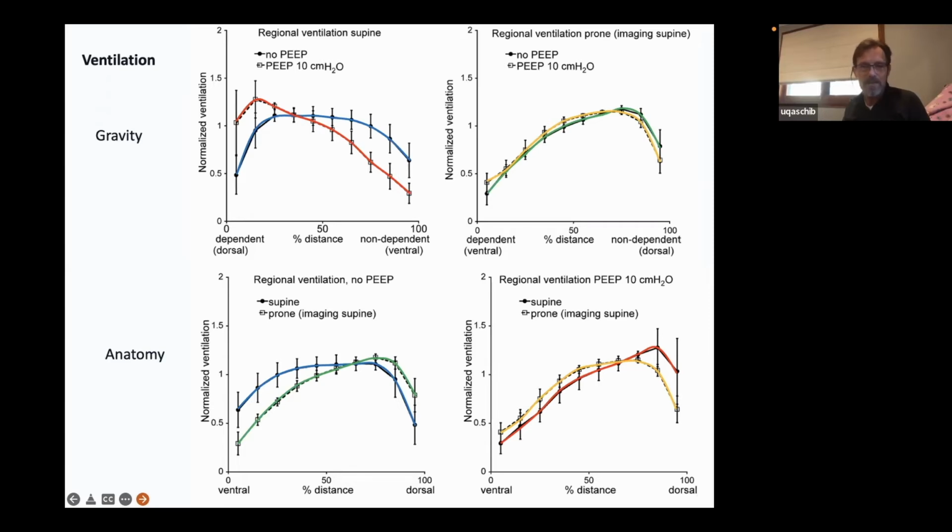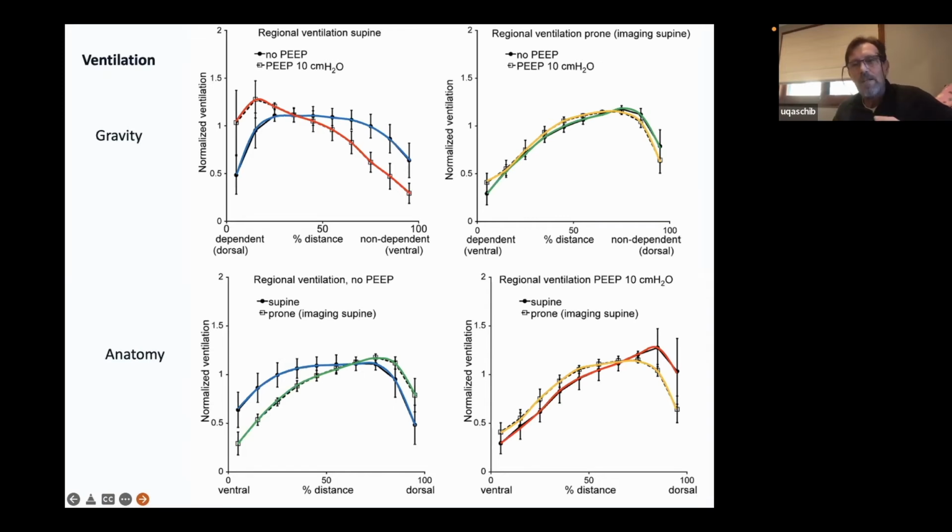They have exactly the same shape. That means when we have an imaging done, independent of how we have delivered the tracer gas, the position that we are in mostly determines where the ventilation distribution is going. And it is the position of the diaphragm that is basically the culprit of where the ventilation is going.